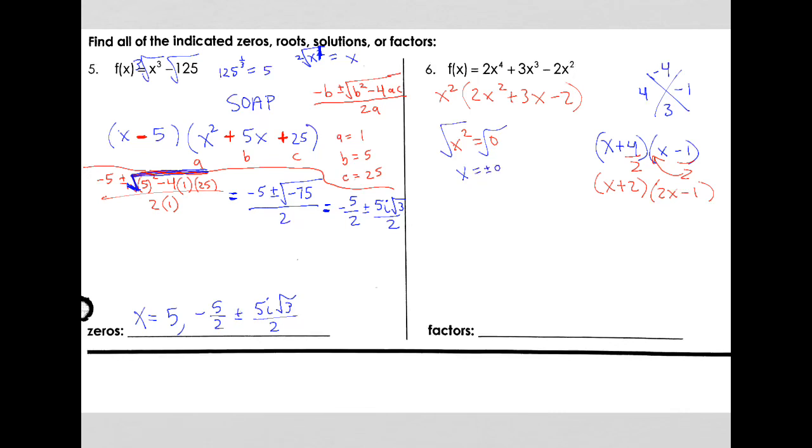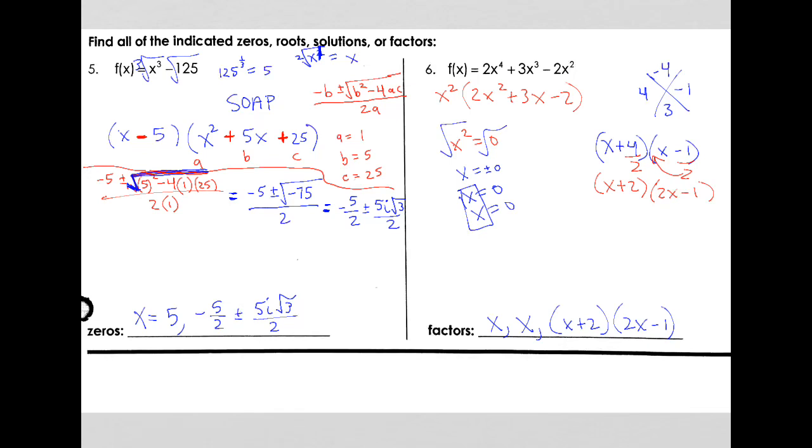So it's pretty much just going to be x is equal to 0 twice. And so our factors in order to get back to x squared is x times x. So we'll have x as a factor, x as a factor, and then our other two factors are what we already factored out there, are x plus 2 and 2x minus 1.